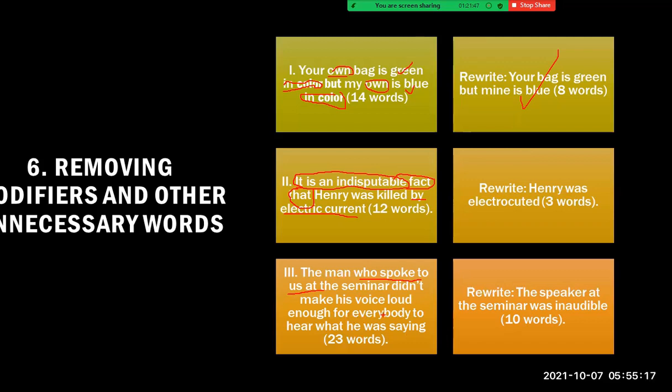So you see again, volumes of unnecessary words that we can replace with a single word or just a few words. If he didn't make his voice loud enough for everybody to hear what he was saying, it simply means that he was inaudible. So here we replace the first part with "the speaker", and we replace this with "was inaudible".